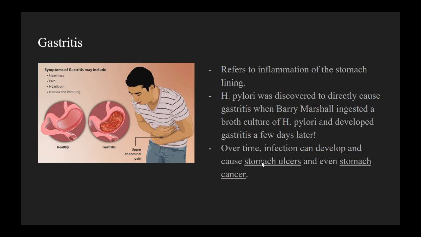But yeah. So, like I said, the infection continues to develop, causes more irritation and stomach ulcers, and it's even been implicated in stomach cancer recently due to all the damage. And I think there's a whole other pipeline of different factors, but I didn't really get into that here.